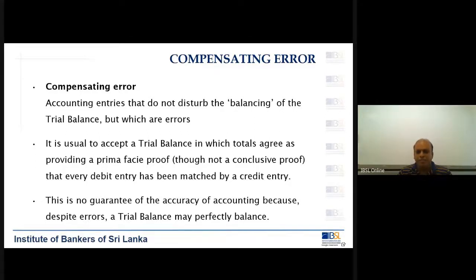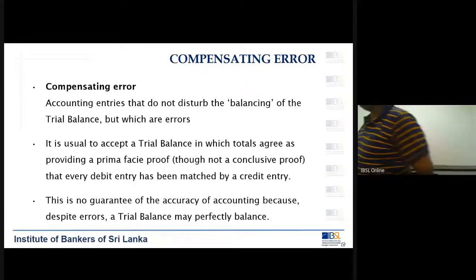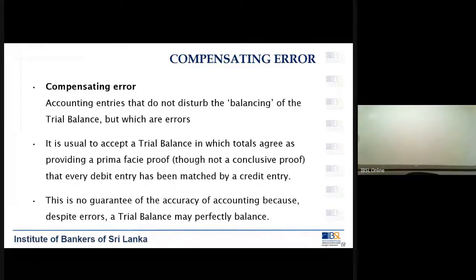In preparing the financial statements, we make use of the trial balance that is extracted.